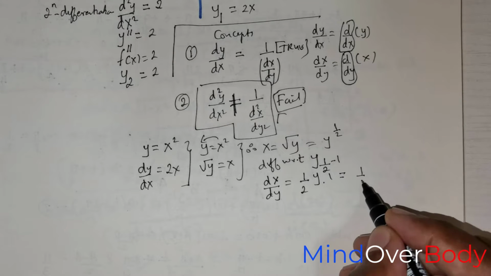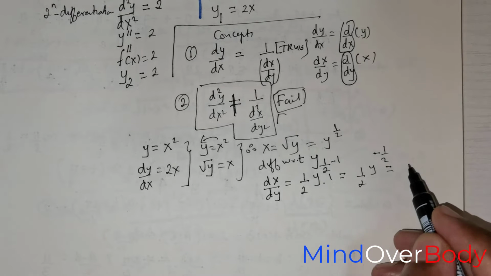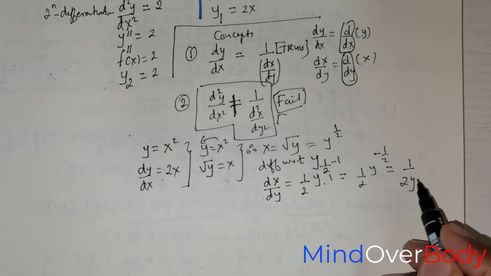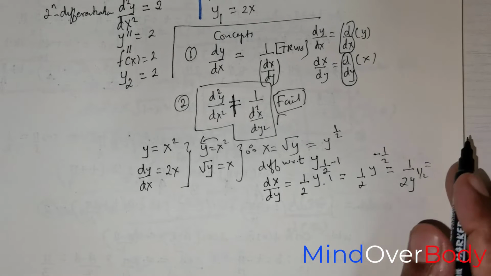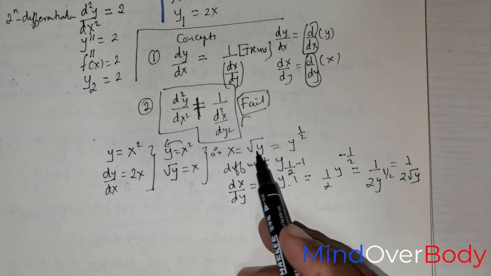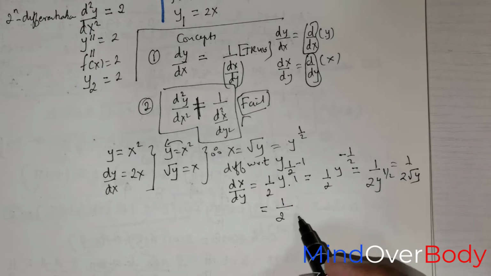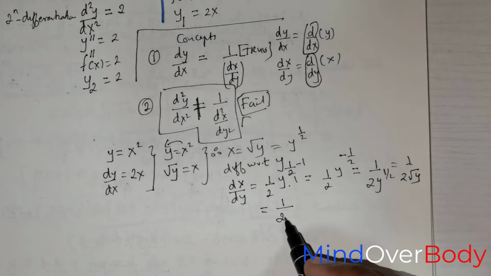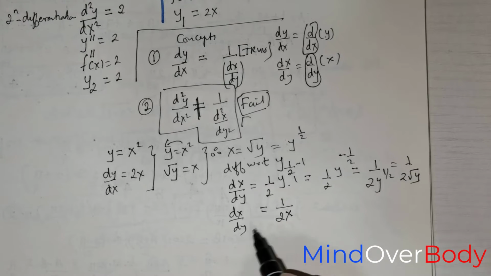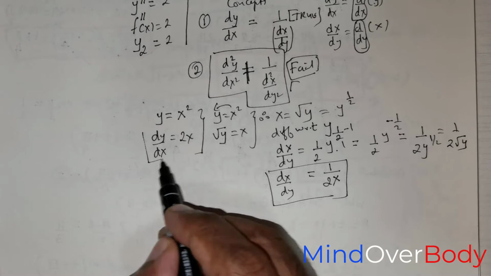So this can be rewritten as 1 over 2 times y raised to the power of negative 1 over 2, which can be rewritten as 1 over 2 times, bringing this down, y raised to the power of 1 over 2, which is nothing but 1 over 2 times root of y. Now what is root of y? Root of y is nothing but x. So this is rewritten as 1 over 2 times x. This is nothing but my dx over dy.